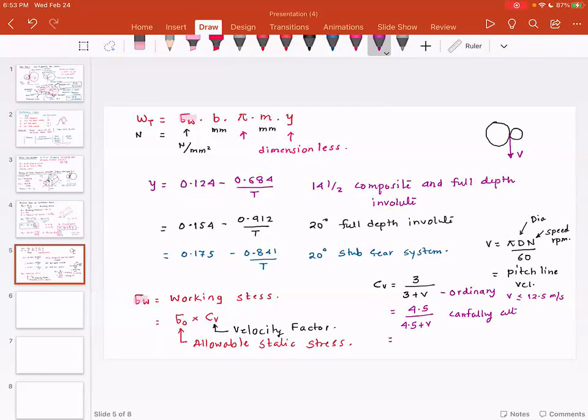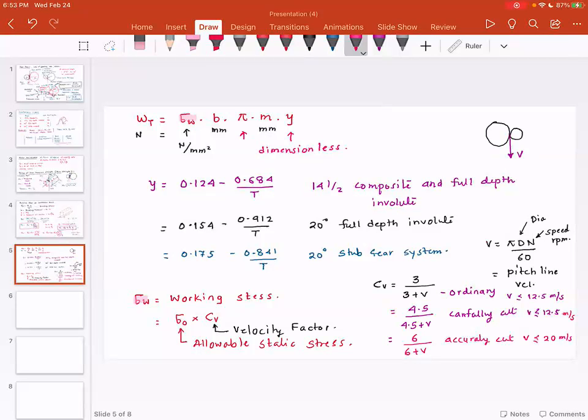If you have super accurately cut gears and v is less than or equal to 12.5, then the equation is 6 divided by 6 plus v for accurately cut gears, and v is less than or equal to 20 meters per second.